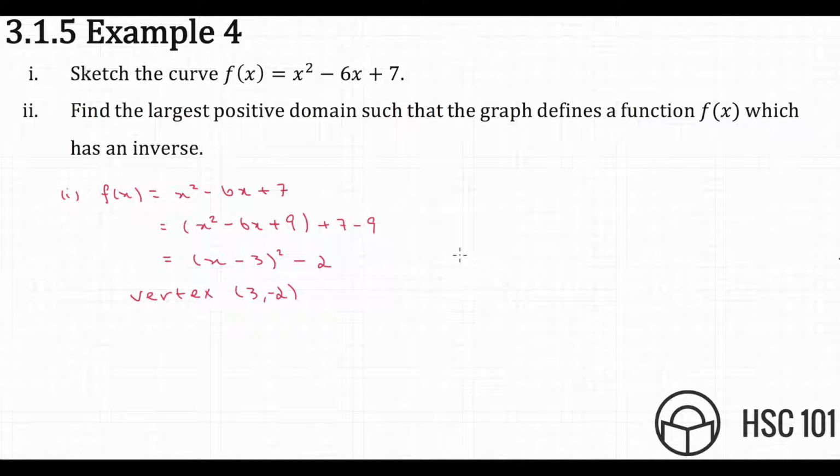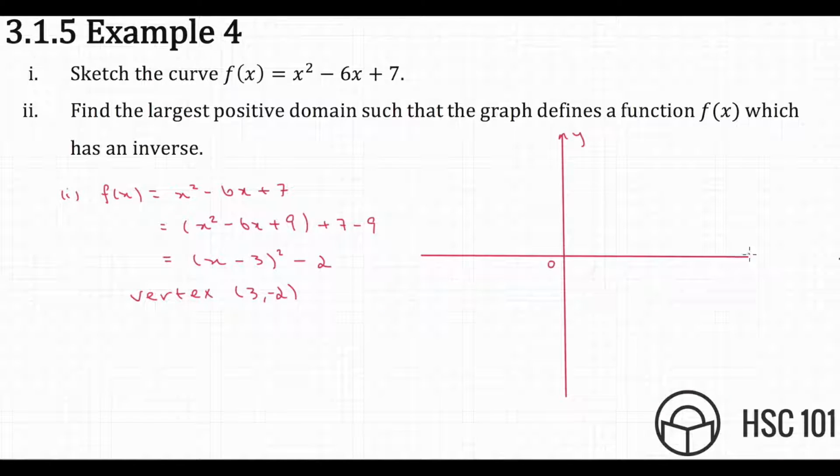So if I set up the Cartesian plane, I've got an x-axis and a y-axis. Let's say we've got something that looks like this. This is y, origin, and x. The point (3, negative 2) is going to be somewhere over here.